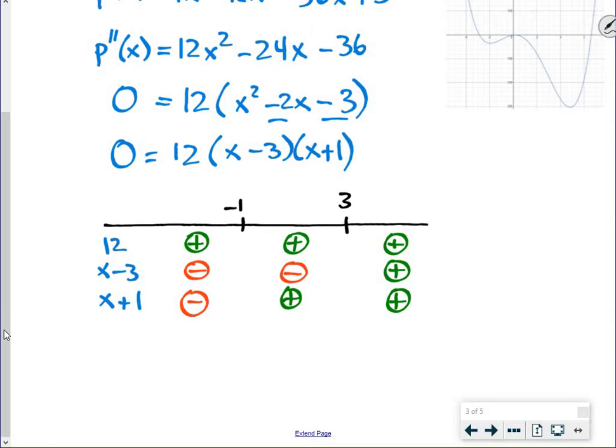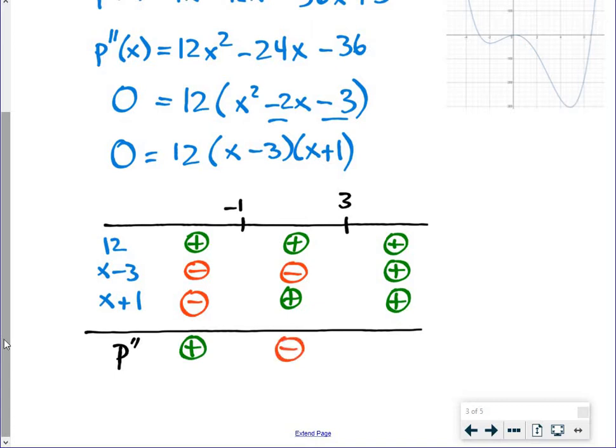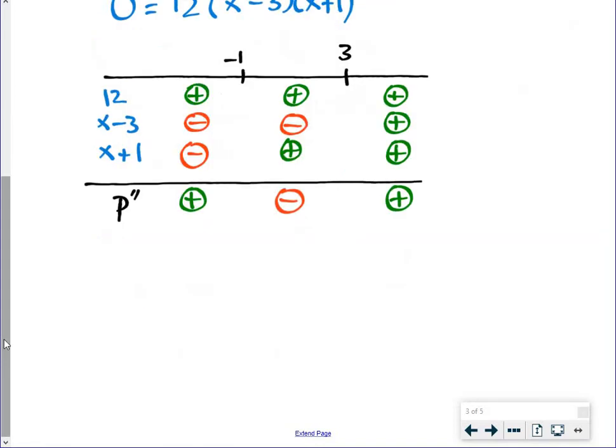So those factors give us p double prime. It will be positive on that interval. It will be negative on that interval, and it will be positive again on that interval.